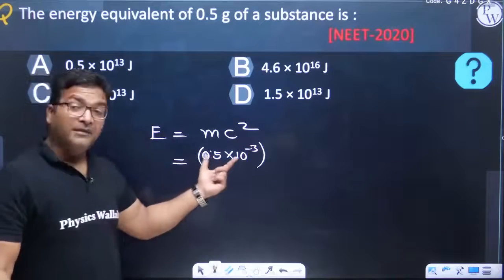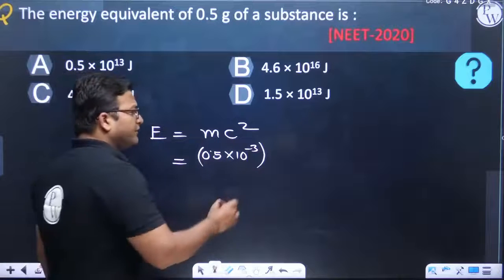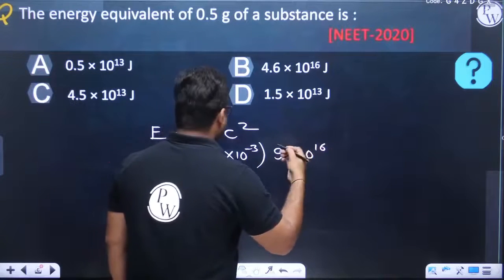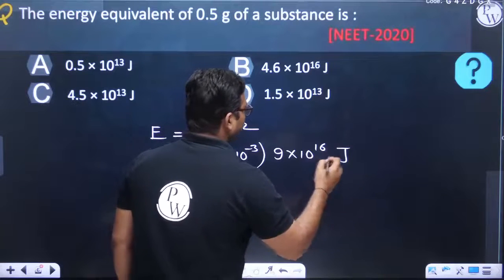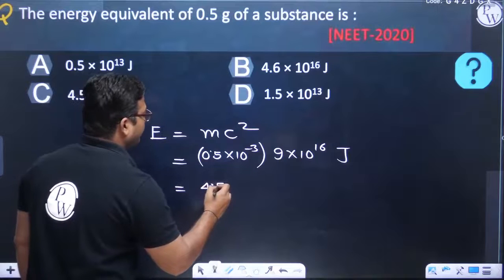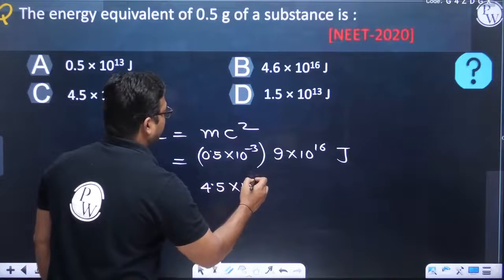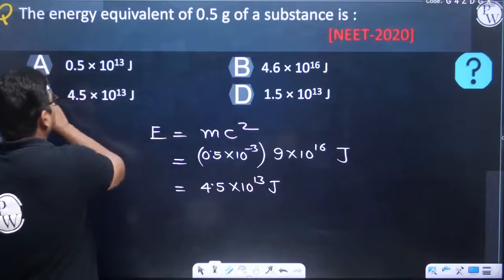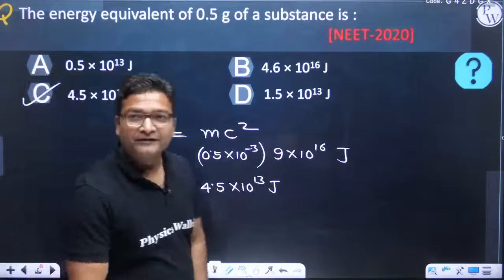And if we know the mass in kilograms, the value of c square is 9 times 10 to the power 16. And the answer must be in joule. So calculate this and you will get 4.5 times 10 to the power 13 joule. And that is why C is your perfect choice.